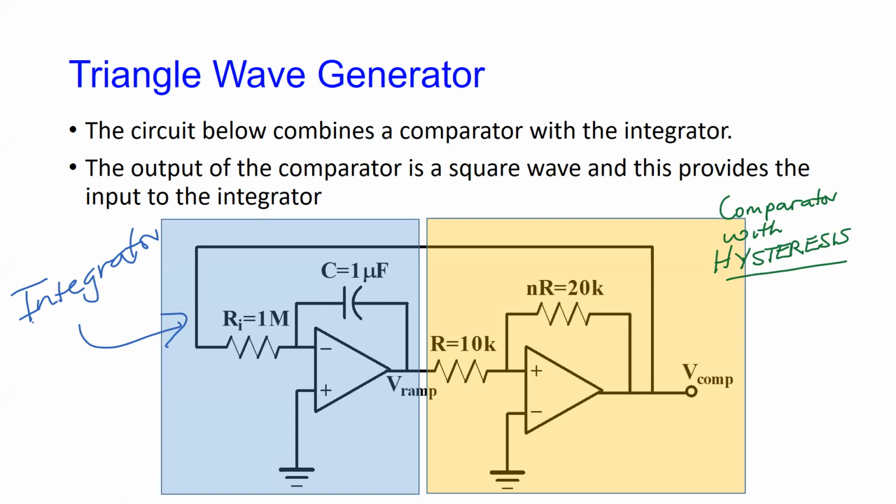Once you see how it has an output, V comp, that is being fed back into the integrator, now the integrator turns a signal into a ramp, the square into the ramp. It is negatively inverted. So once it has a positively saturated input here, it will have a negative ramp.